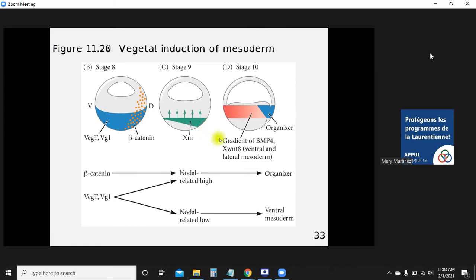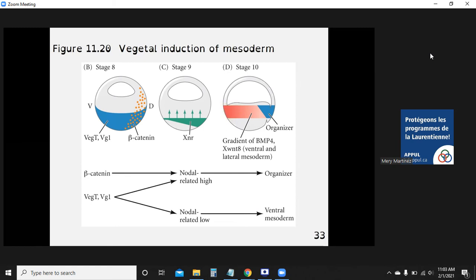We also have a gradient here with the BMP4, the bone morphogenetic protein 4, and WNT8 of Xenopus. Okay, so we have greater concentration of this more in the ventral portion than on the dorsal. So we see the dark color versus the pale color here. So greater concentration in the ventral side.